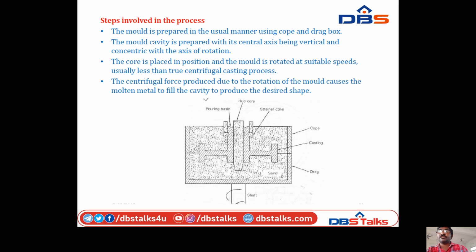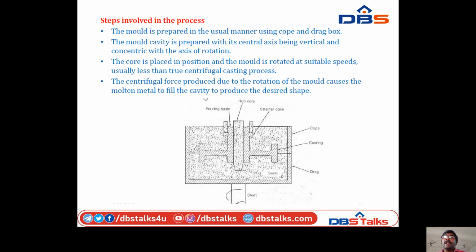Steps involved in the process. The mold is prepared in the usual manner using a core and drag box. The mold cavity is prepared with the central axis being vertical and concentric with the axis of rotation.